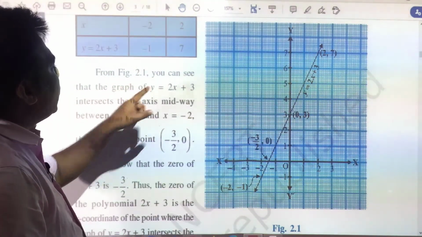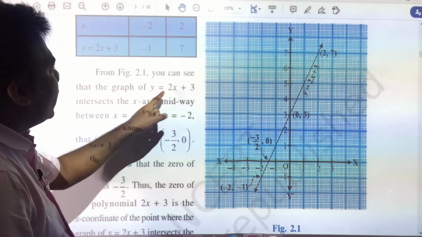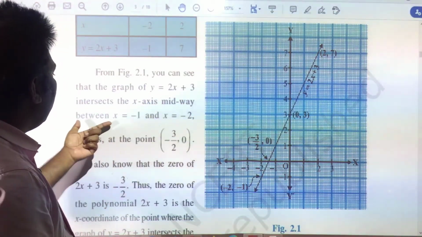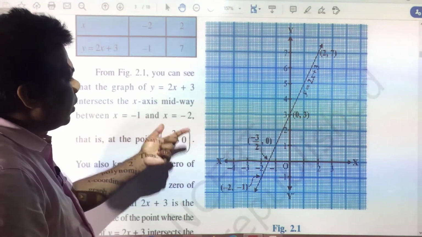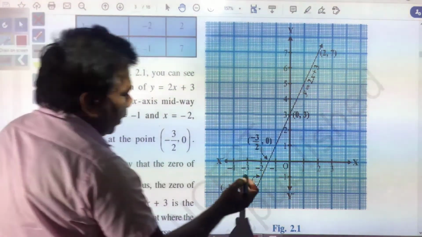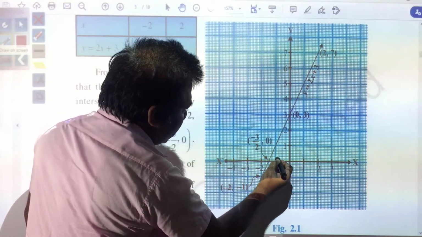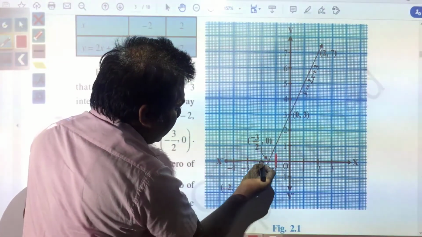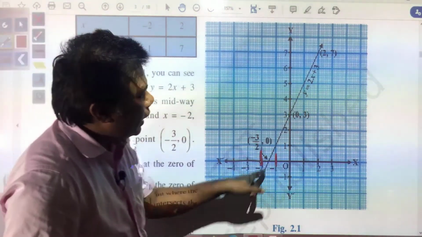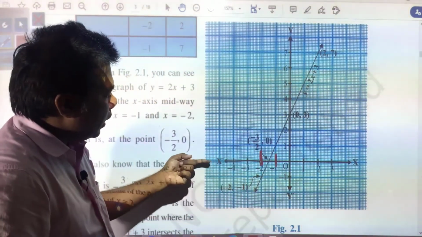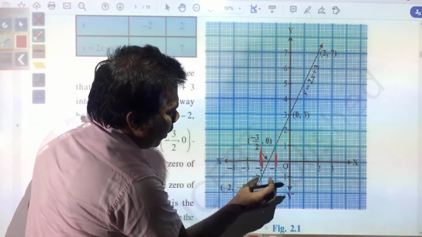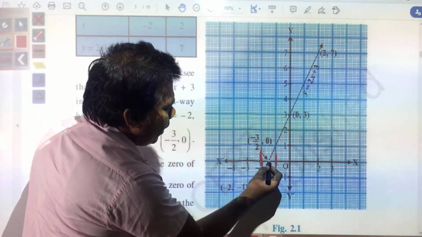From figure 2.1 you can see that the graph of y = 2x + 3 intersects the x-axis midway between x = -1 and x = -2. Here you see, -1 is this one and -2 is this one. So this straight line is intersecting the x-axis at the midpoint of -1 and -2.